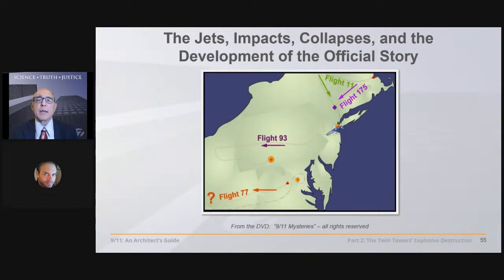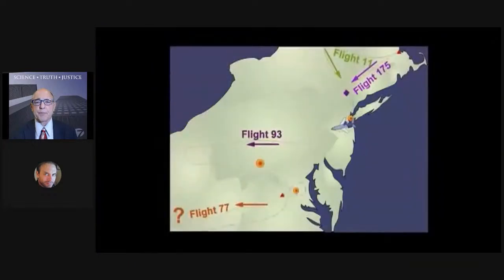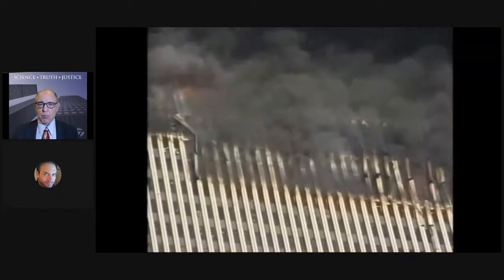But let's look at the official story as it was developed that morning. On September 11th, we learned that 4 passenger planes were hijacked and taken radically off course. Within an hour, 2 of the planes had flown into the enormous steel towers of the World Trade Center, creating fires and eventually toppling them.